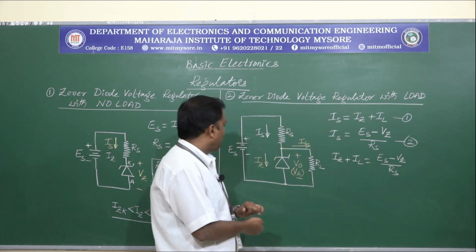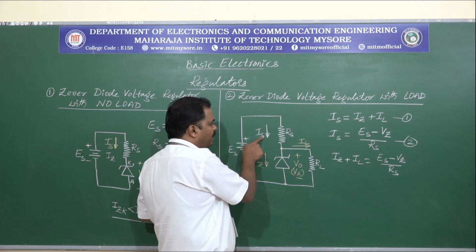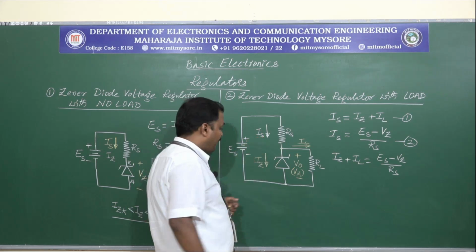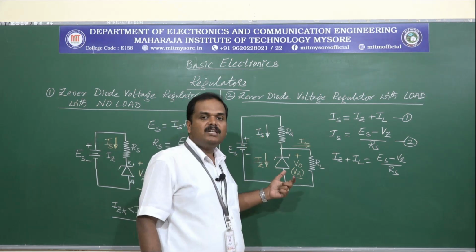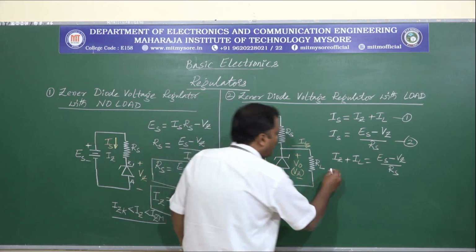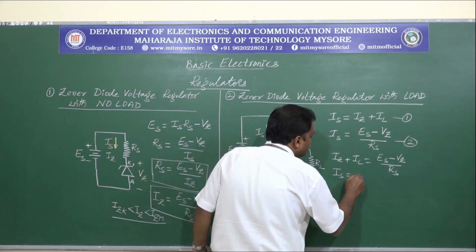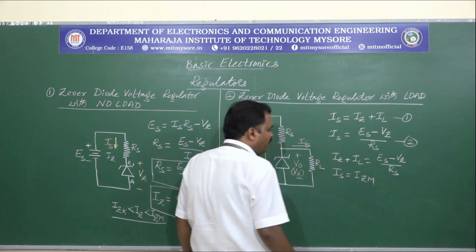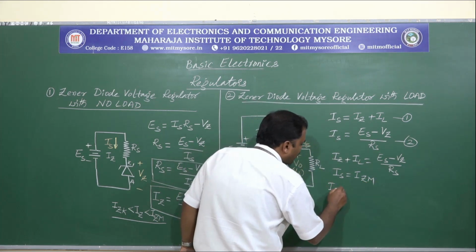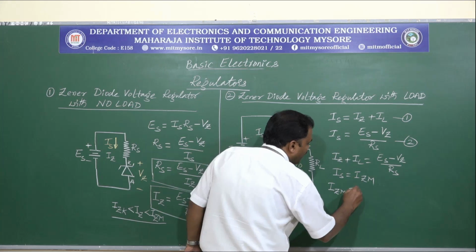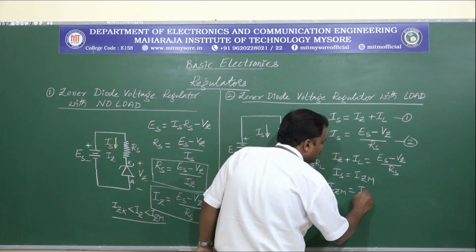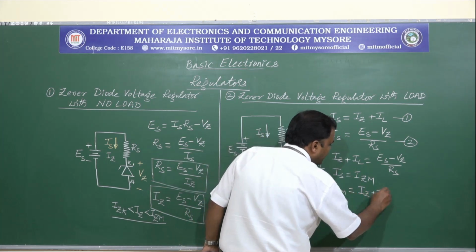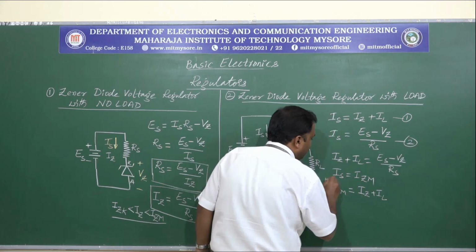And we know that this is the input current which should be limited by the maximum Zener current, right? So I can also write Is is equal to Izm. So Izm can also be written as Iz plus IL.